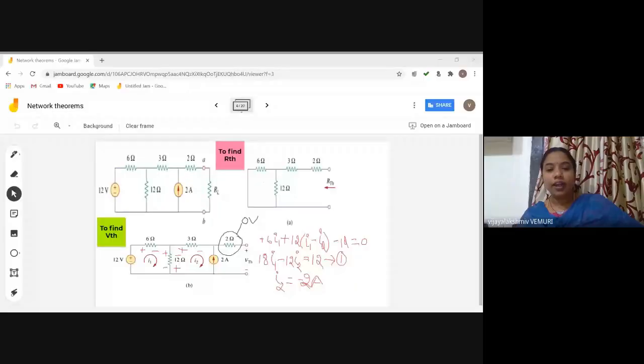If you see here, to find out V Thevenin, whenever these two terminals are open circuited, I am repeatedly telling you this, you need to work on problems of Thevenin's, Norton's, maximum power. Anyhow, I'll be giving the notes of this.